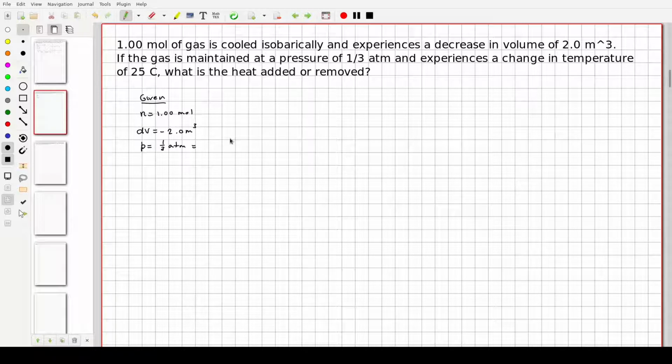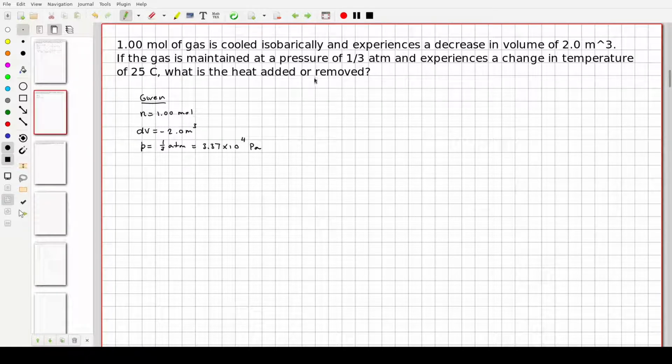So if you do that, you get about 3.37 times 10 to the 4th pascals.